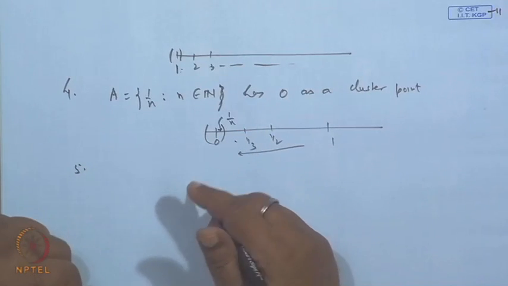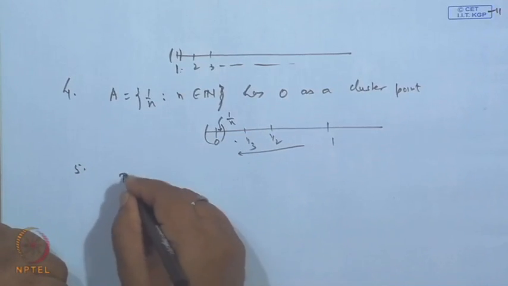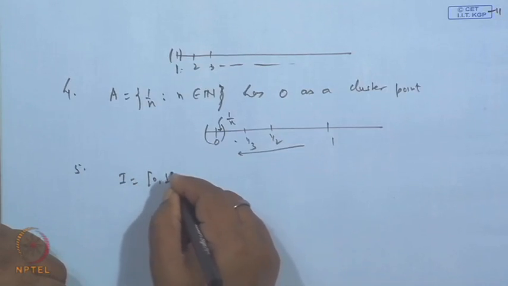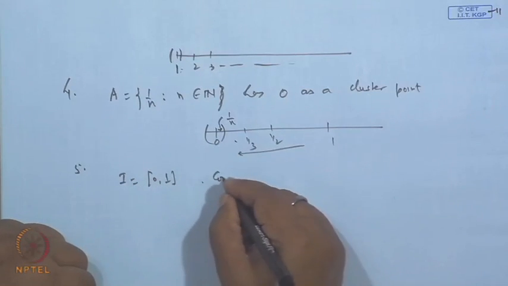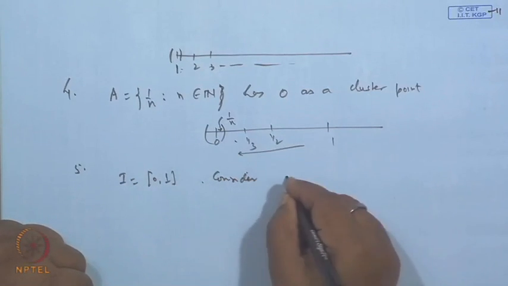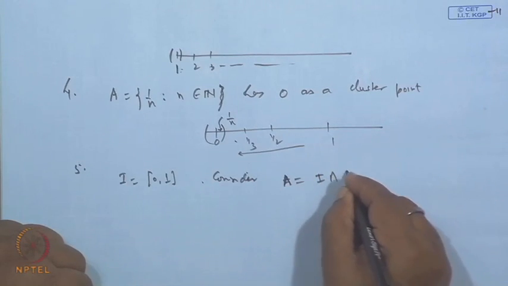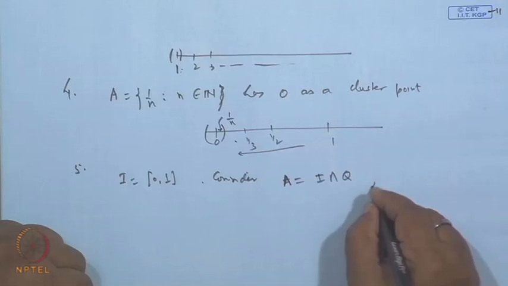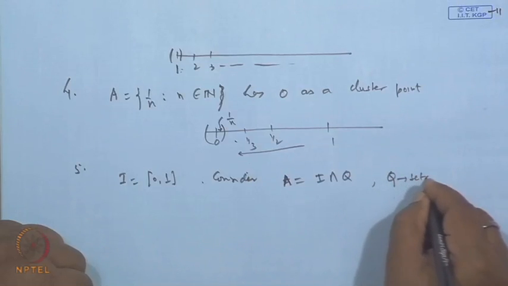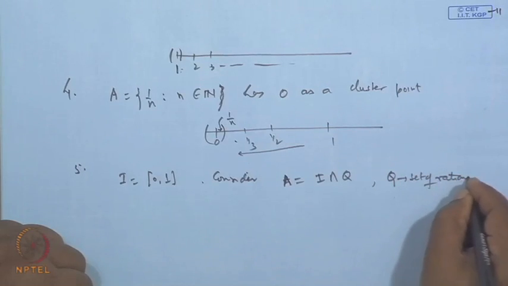Then if we take an interval I, the closed interval [0, 1], and consider a set A which is I intersection Q, where Q is the set of rational numbers.